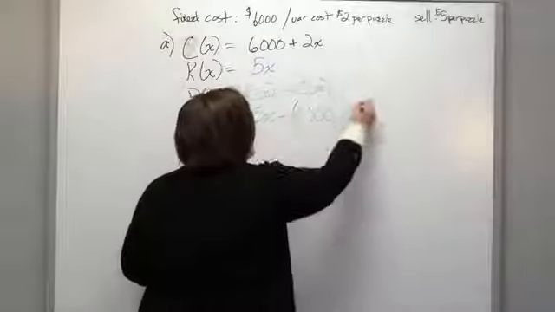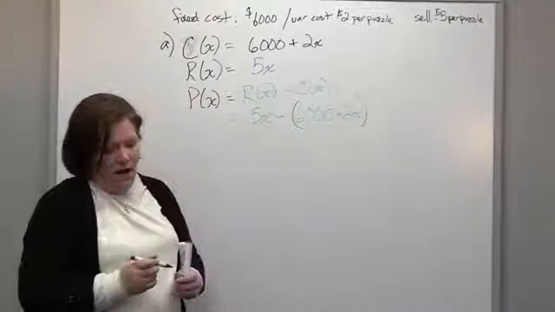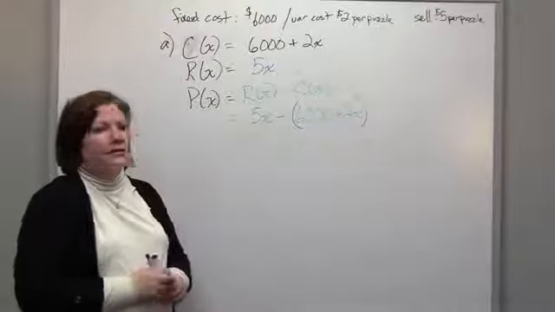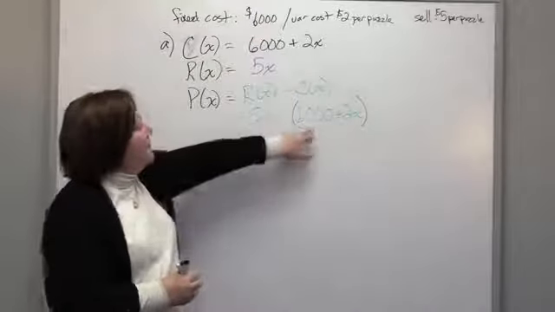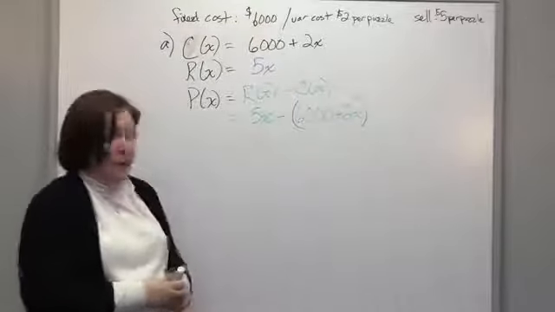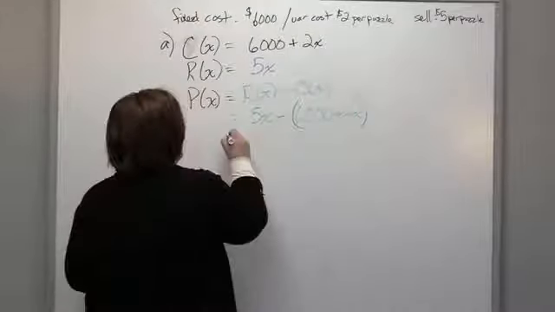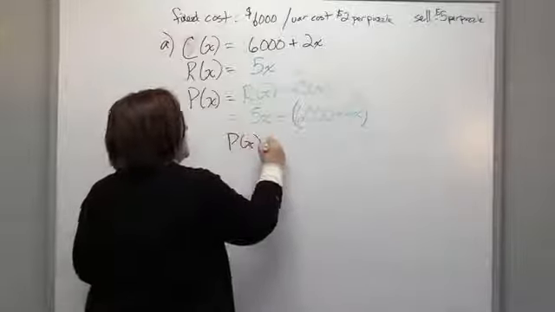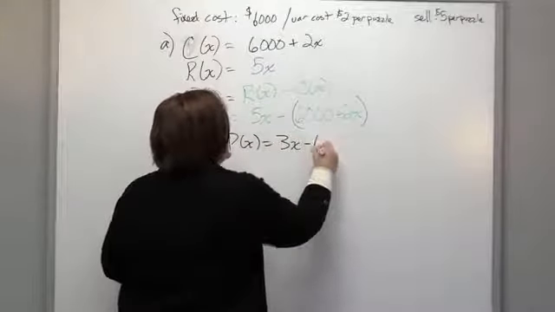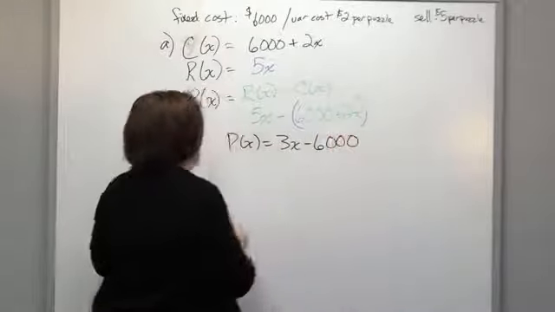We need to remember we are subtracting off all of the cost function, and so we have to remember the parentheses. So when we distribute and simplify, we get a final answer of P of x is 3x minus 6,000.